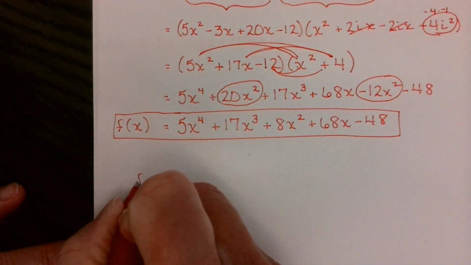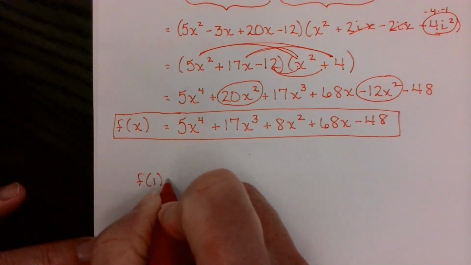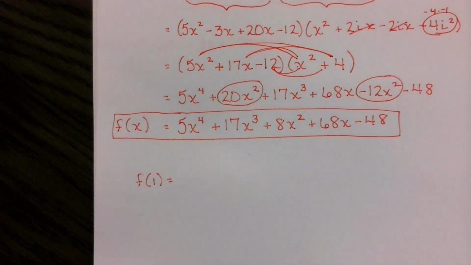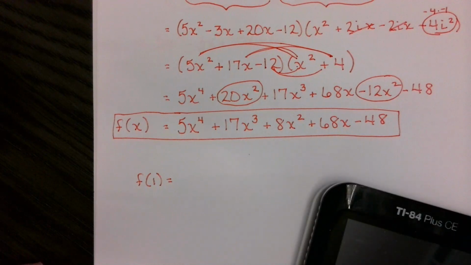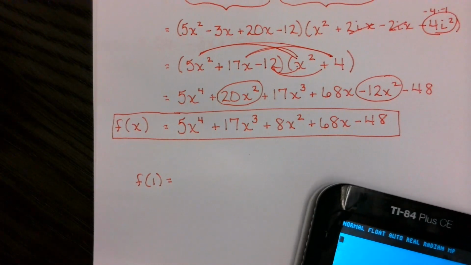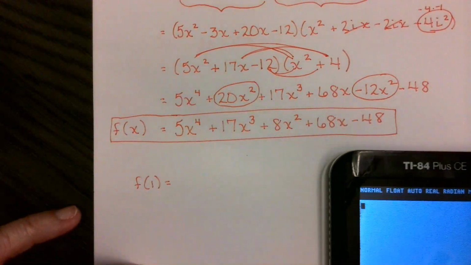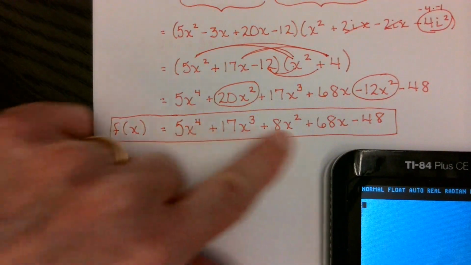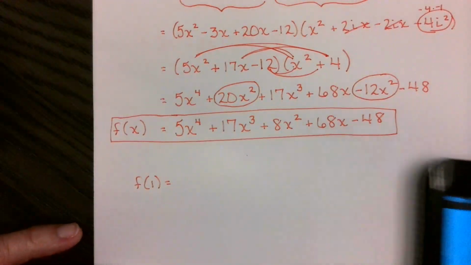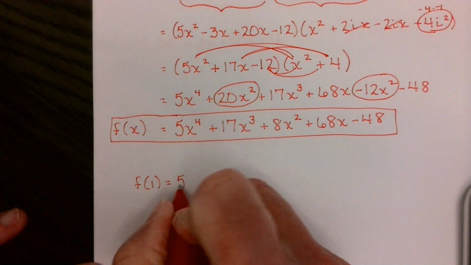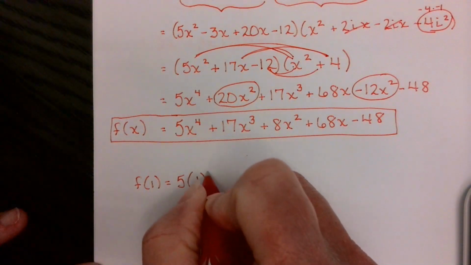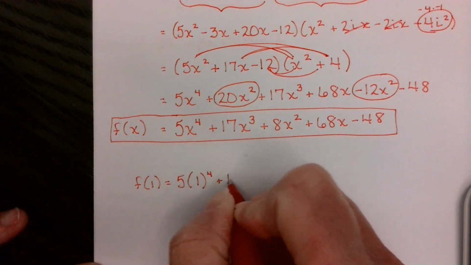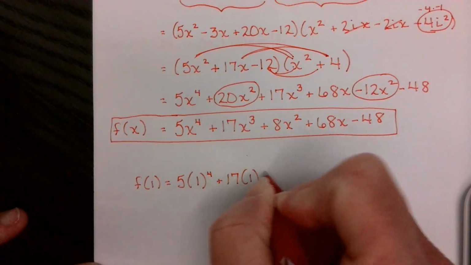Okay, so what we can do is, like always, we can take our 1 and plug it in. This here is the old way, and I'm going to show you a new way.